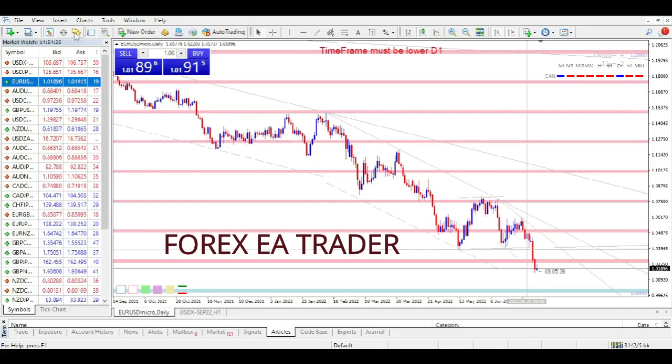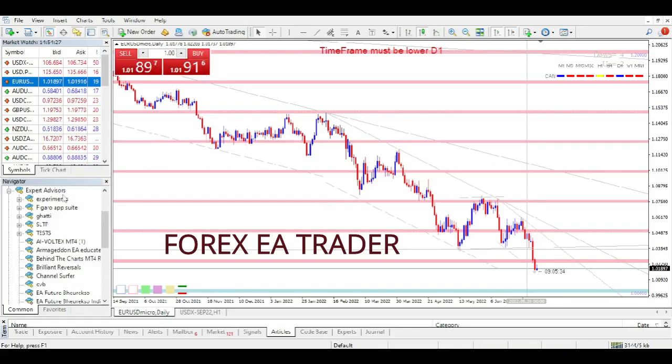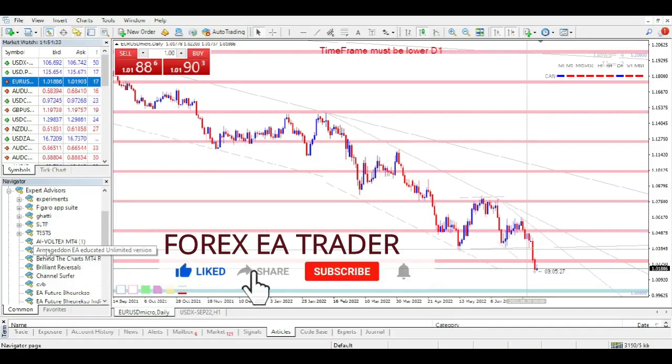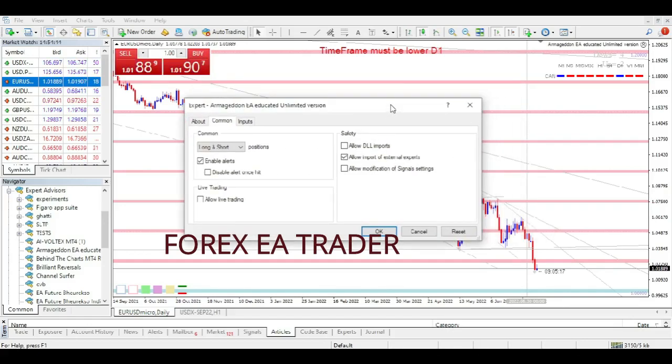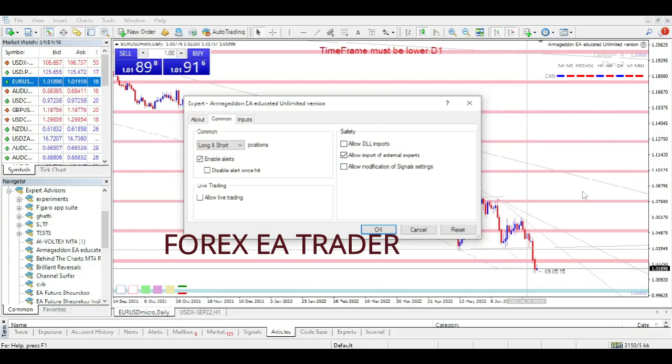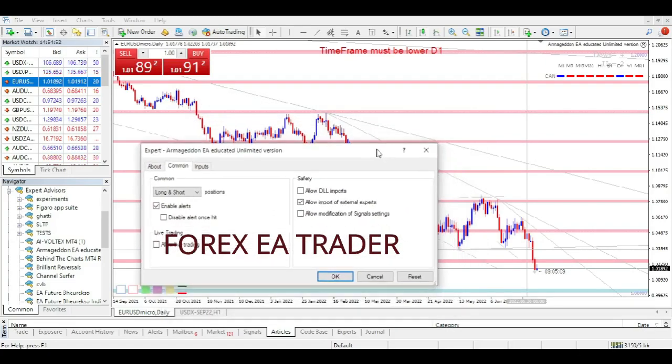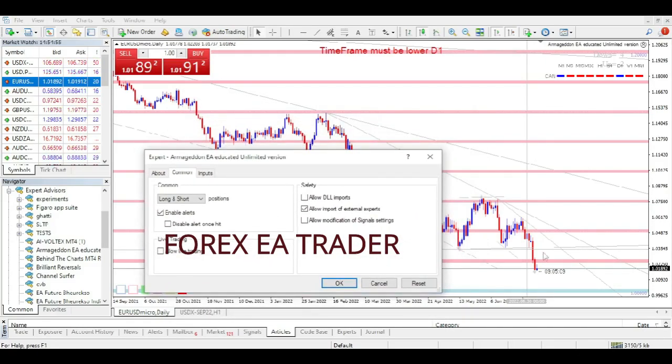let's see if I can find something. Okay, let's just drag one of these robots onto here as an example. It's just an example. Now, let's say you have analyzed your Euro USD. This is now Euro USD, and you notice that the euro is just dropping.